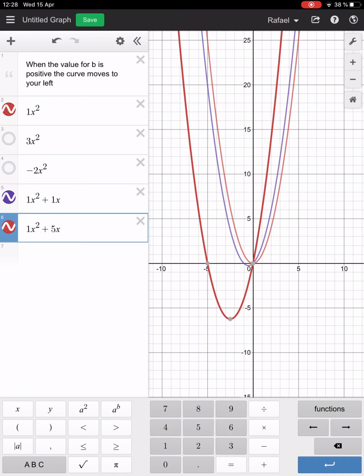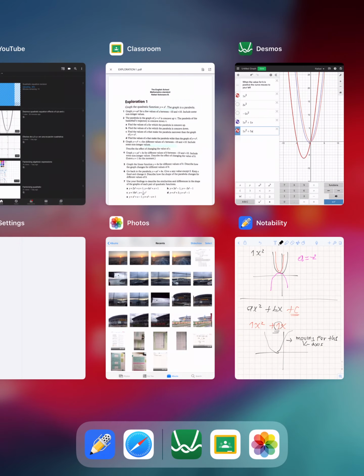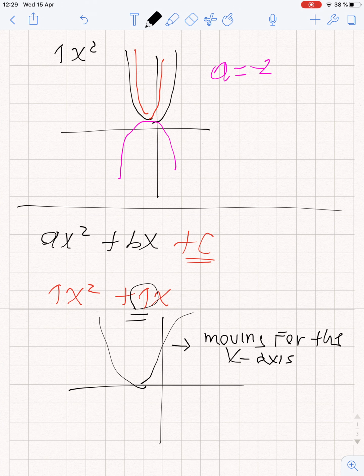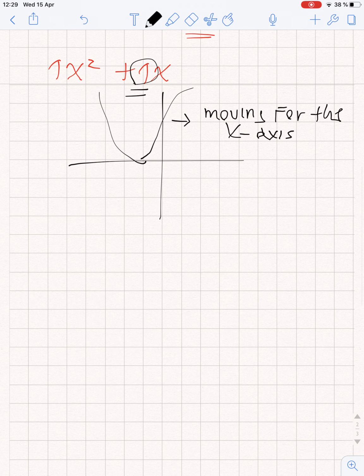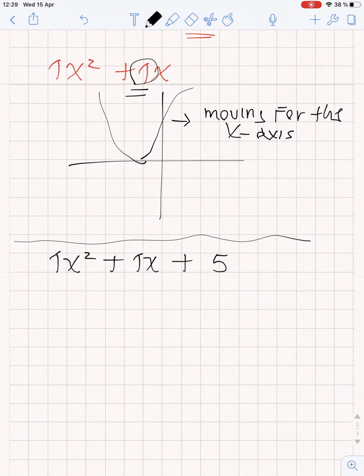Now we already know what happened when we change the value for a and now the value for b. Finally, we need to know what is happening when we change the value for c. In that sense, we are going to take 1x squared plus 1x plus a number c that can be any number, for example 5.